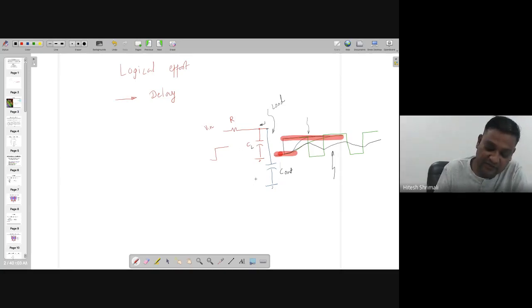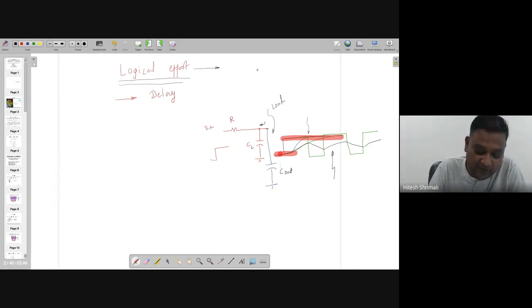So that ratio is actually defining the electrical effort. And the effort which makes sure how much load my particular gate can drive, that is the logical effort, or it will guarantee that my output will reach logic 1 and 0 efficiently. So that is the characteristic of an inverter.